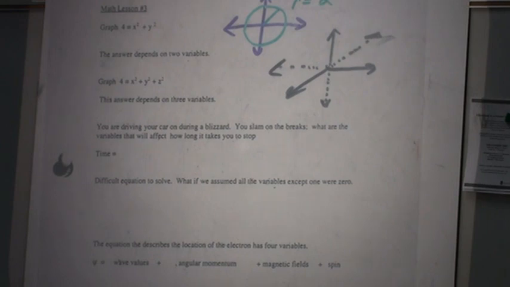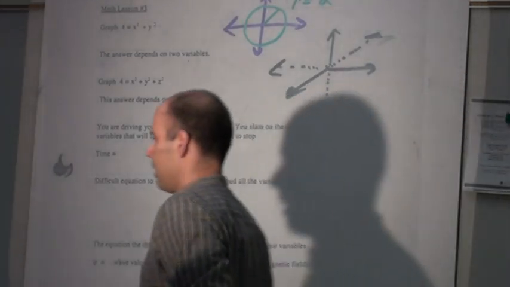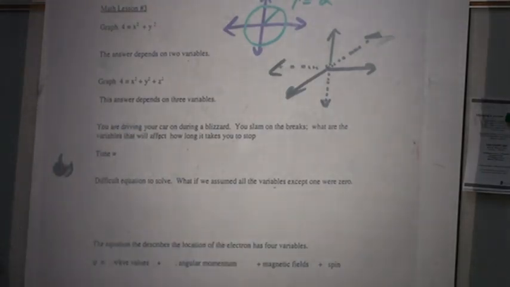When we draw in 3 dimensions, how do you draw a 3-dimensional sphere? Oh, I do have an apple. Even better. Okay, so how do you draw a 3-dimensional sphere on a 2-dimensional piece of paper?